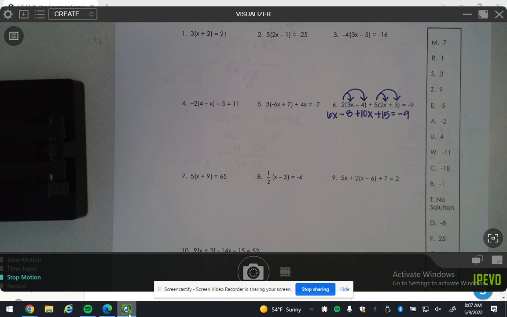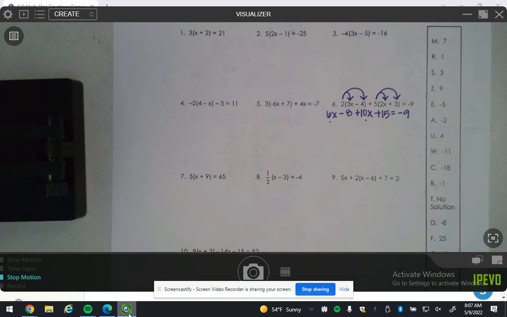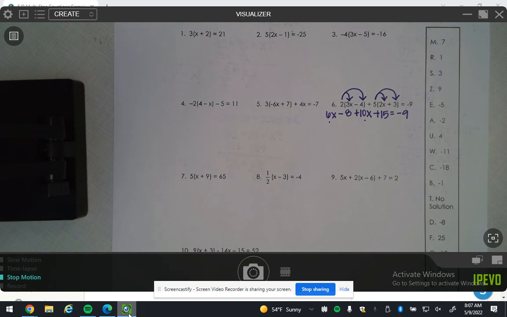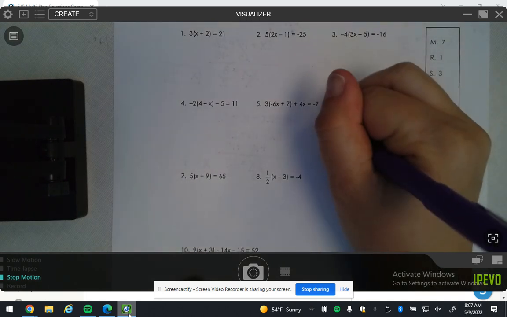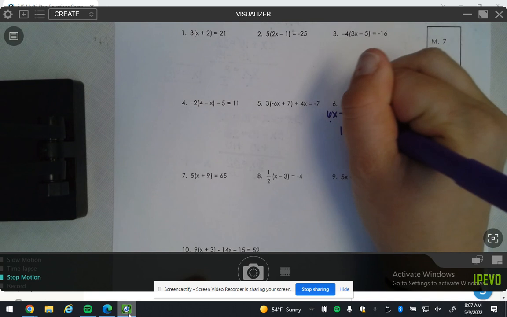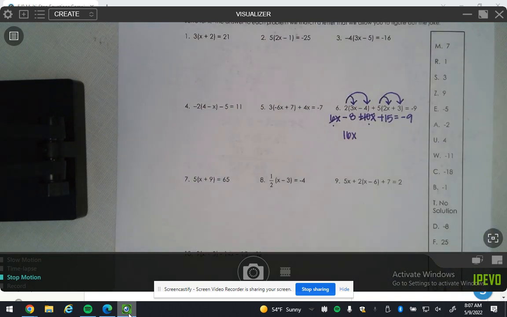Like terms. Give me some like terms, buddy. So 6x and 10x. When I combine them, it's 16x. Are there any other like terms on that side of the equation? -8 and what? Now careful, -8 and -9, are they on the same side of the equation? Nope, got to look on the same side.